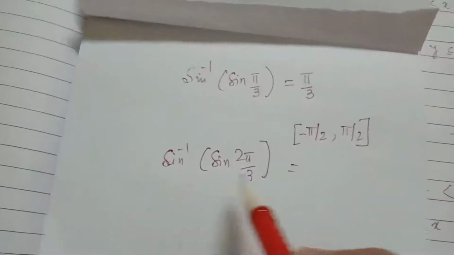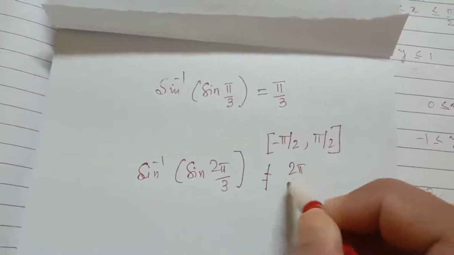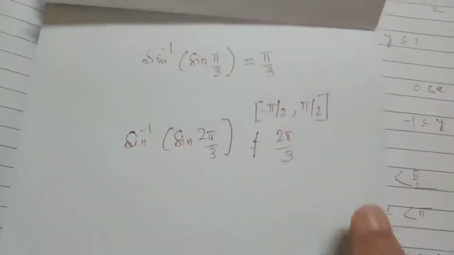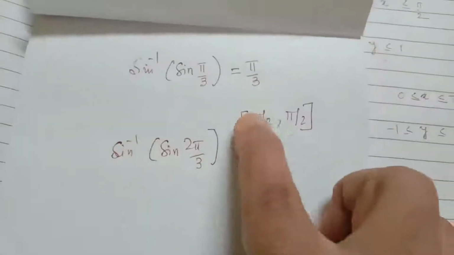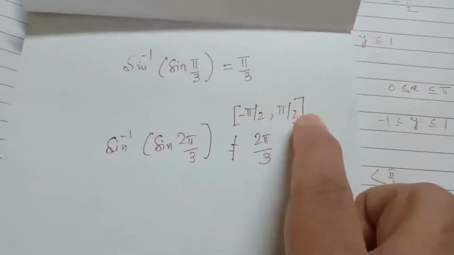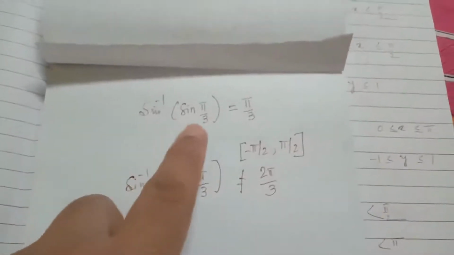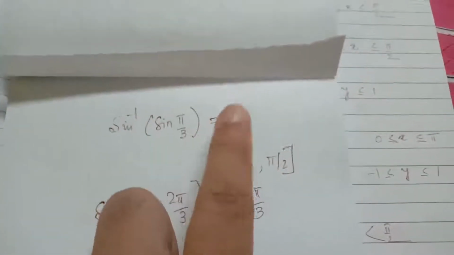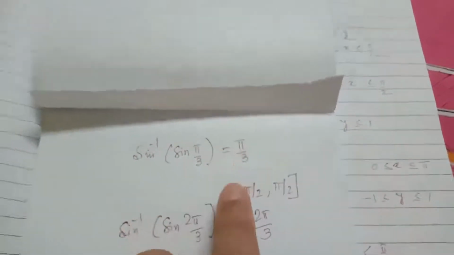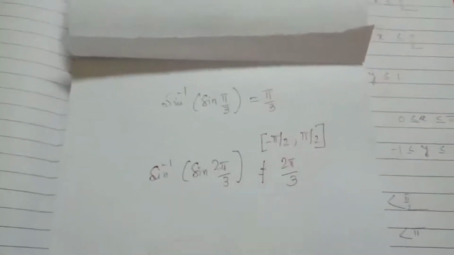But sin inverse of sin 2 pi by 3 cannot be equal to 2 pi by 3, as 2 pi by 3 does not lie in between -pi/2 and +pi/2. So you have to remember sin inverse of sin x equal to x if x is in between -pi/2 and +pi/2, -90 and +90.